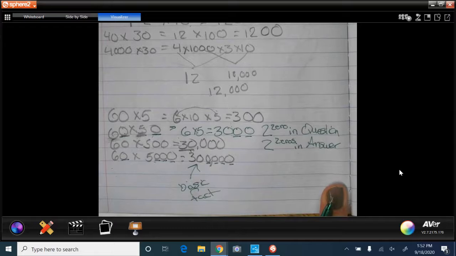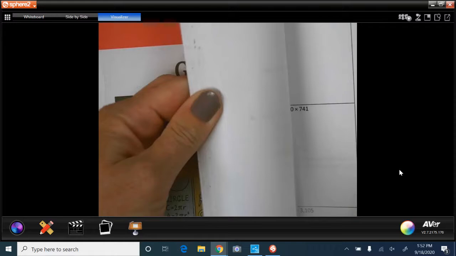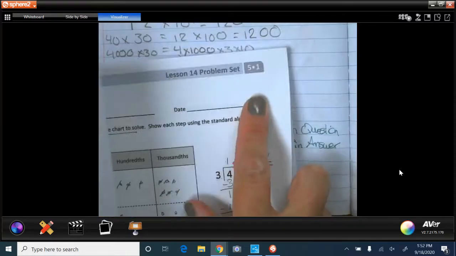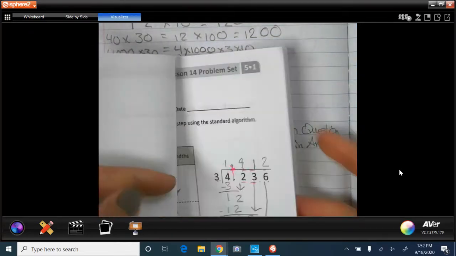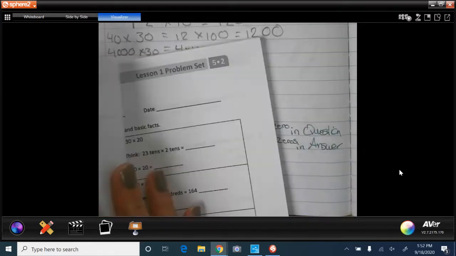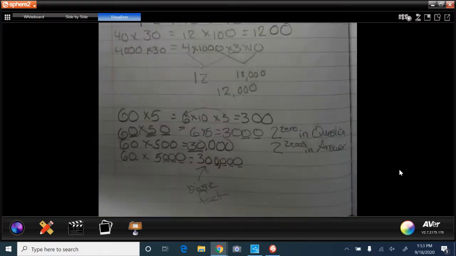Now, if you were looking at how that looks in the problem set, I just want to show you that your problem set has module 1 when it says 5.1 up in the corner, and module 2 when it says 5.2 up in the corner. So your one problem set has both of them in there, and we're just going to lesson 1, which happens to be on page 49.